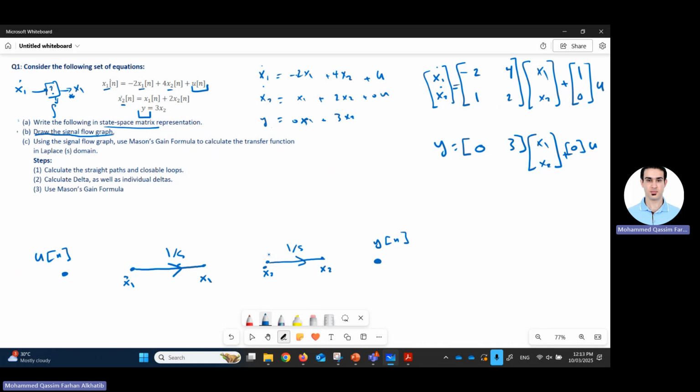Now let's write the signal flow graph. x1 prime equals how much? Negative 2 x1, here's my x1, negative 2. Plus 4 x2, that's x2, 4. Plus u of n.